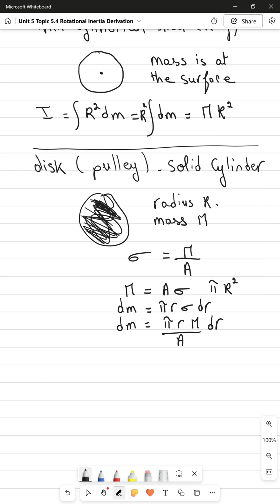We can simplify this one if you want, or we can keep it as it is. If you want to simplify it, dm is going to be equal to 2 pi r m over pi R squared dr. The pi's cancel. dm equals 2 m r dr over R squared.